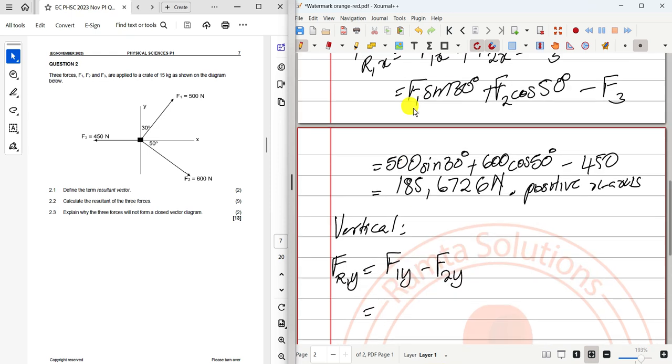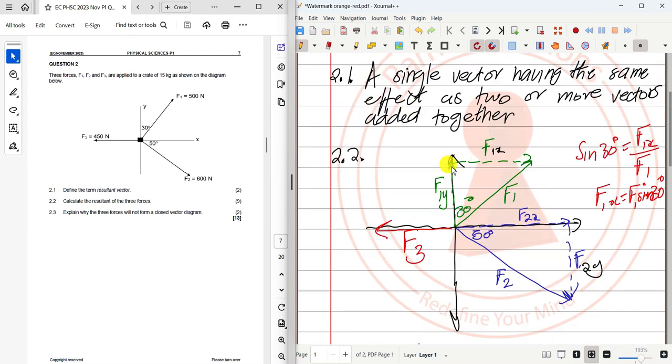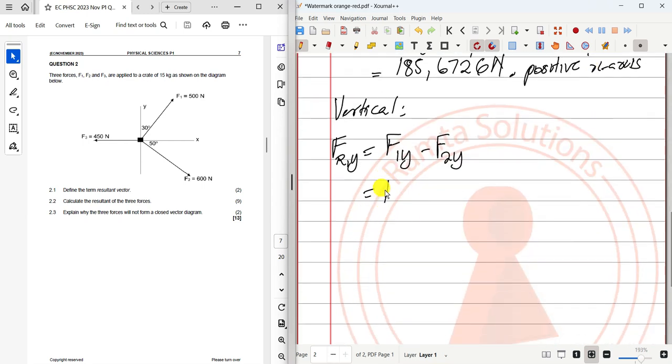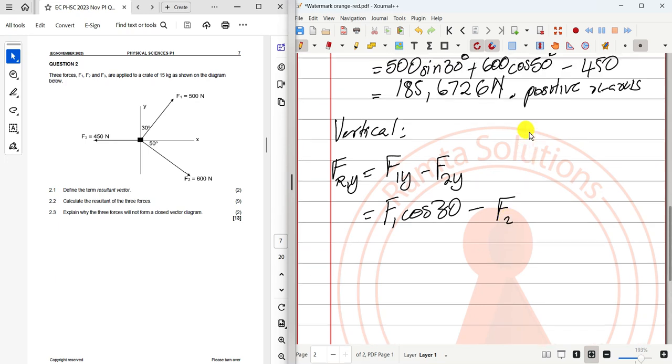Then what do we have? F1, this is adjacent and this is hypotenuse, right? So adjacent and hypotenuse, we're going to say cos 30 is equal to F1y over F1. So this must be F1 cos 30 minus F2y. Let's go back to check.